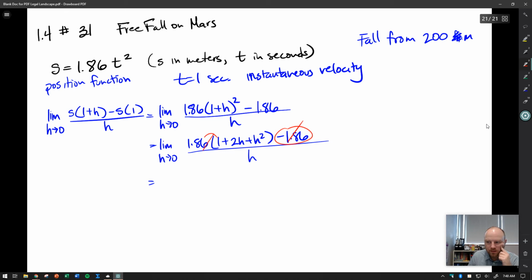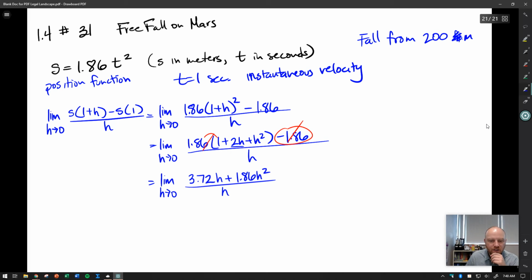And so that's going to leave us then with a limit as h goes to 0. The two remaining terms in the numerator, we should still go ahead and multiply by the 1.86. So this will be 1.86 times 2, what is that? 3.72h plus 1.86h squared all over h.